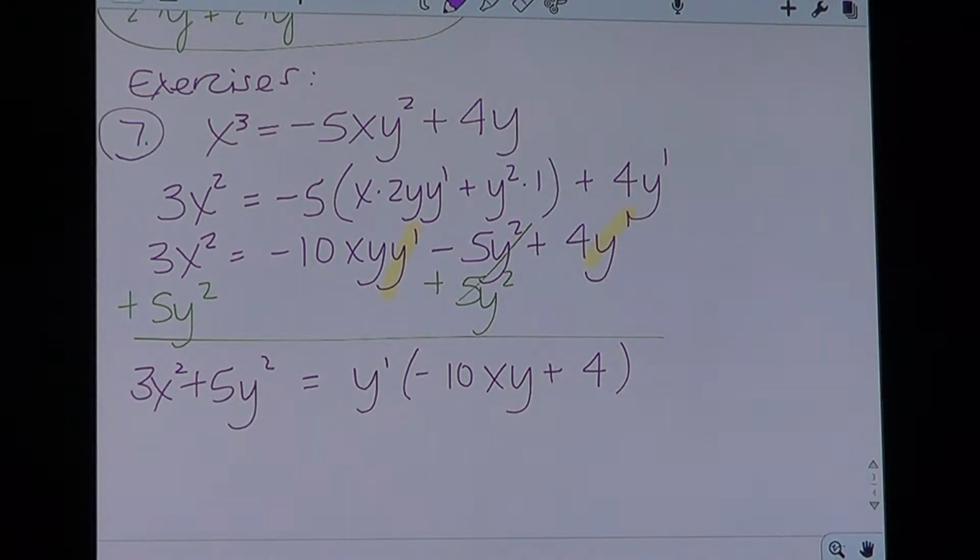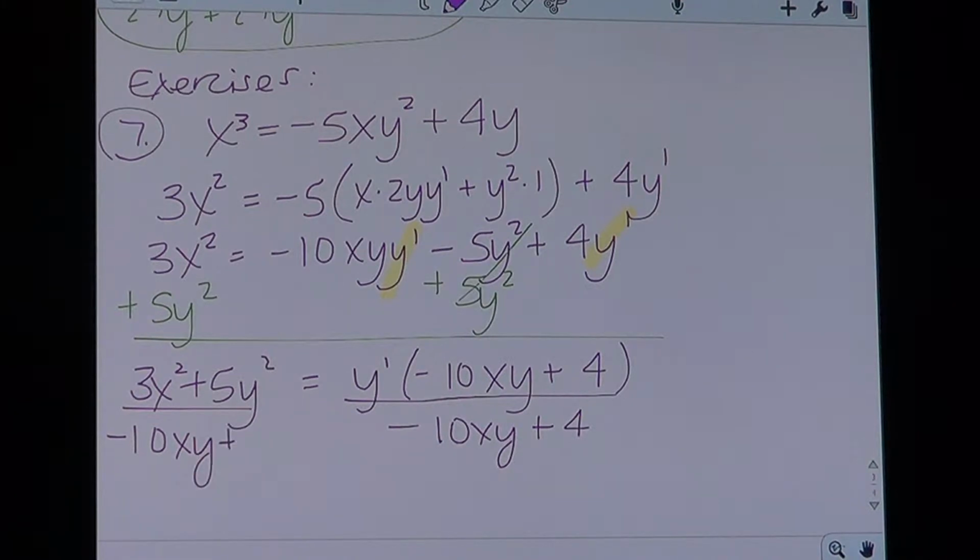Have you found your mistake? No. Divide by negative 10xy plus 4. Is that what you had? Mm-hmm. That's what I have. I have negative on the bottom, so that's fine.